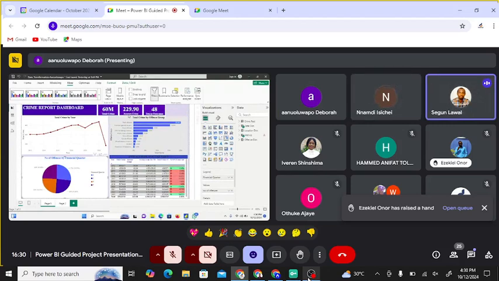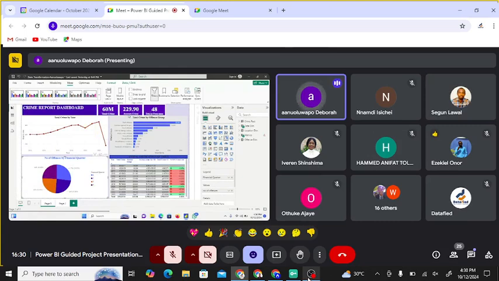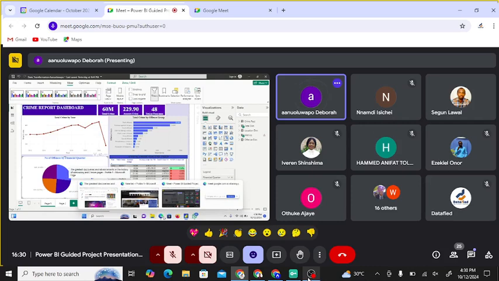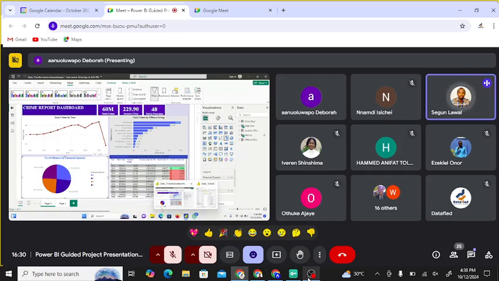Excuse me, Deborah, sorry, I can't pronounce your other names. Namdi gave clear instructions of what to do before you start presenting. Do you remember what he said? With regards to your dashboard, you're supposed to do something so that we can see your slides, your dashboard clearly. He said collapse certain things: the visualization panel by the right, the data panel by the right.